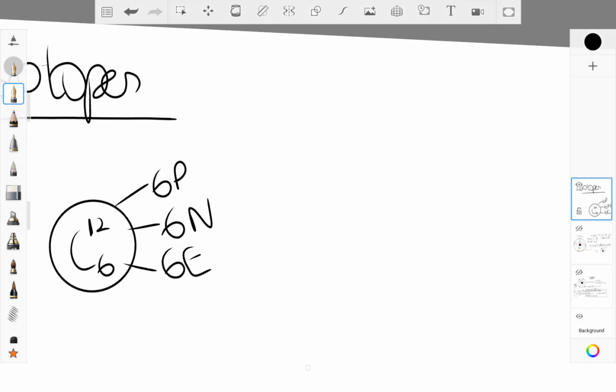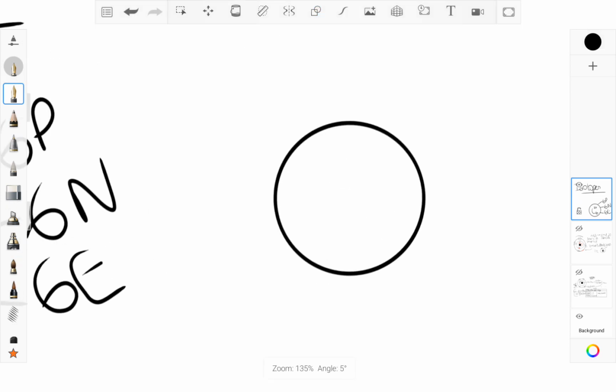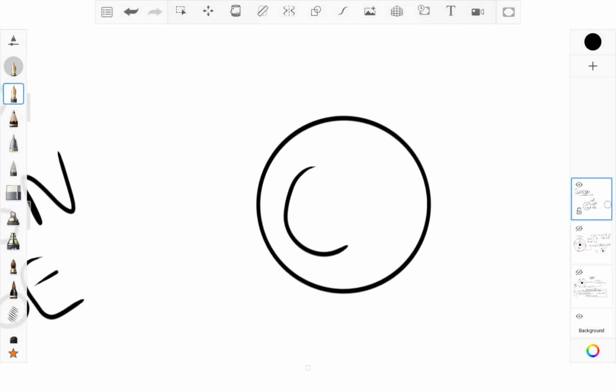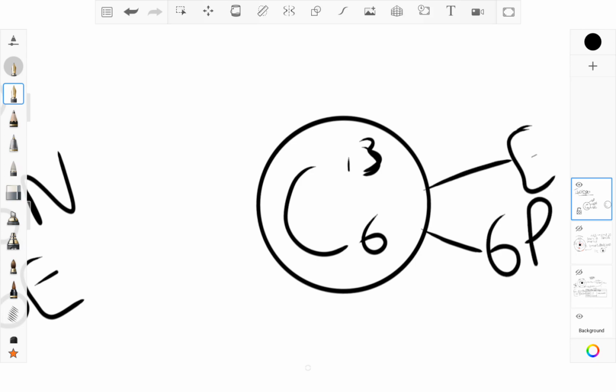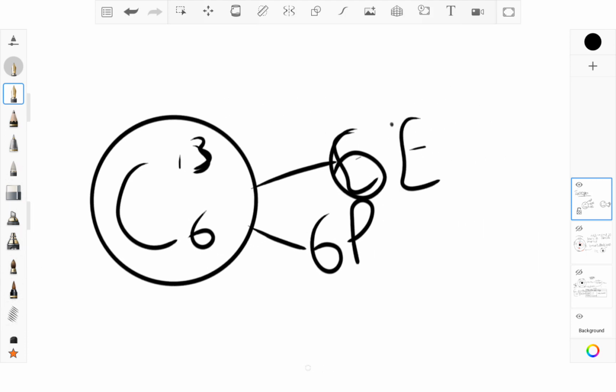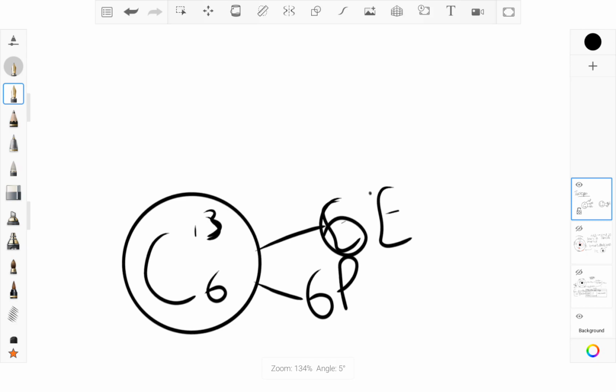A common isotope of carbon looks something like C-13, with 6 as the proton number. Again, you'll notice that there are 6 protons and 6 electrons. That hasn't changed. But because the mass is 13, we can deduce that the number of neutrons is 13 minus 6, which is 7.